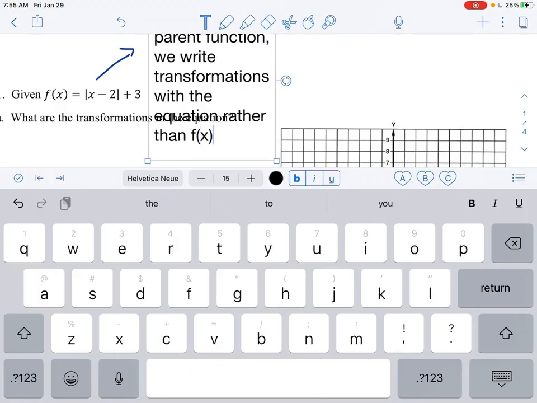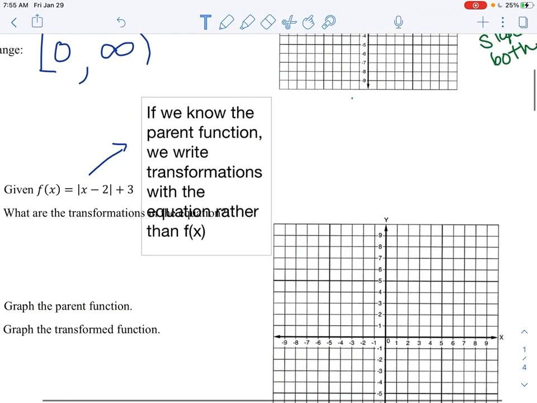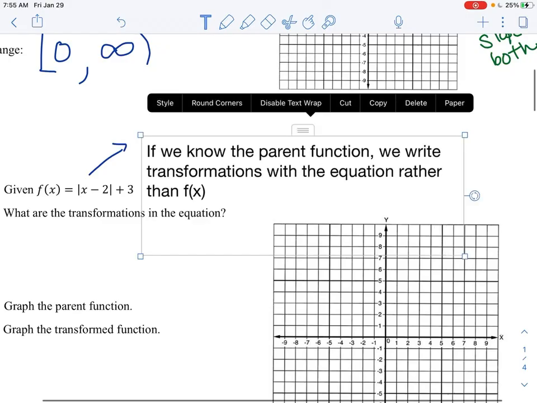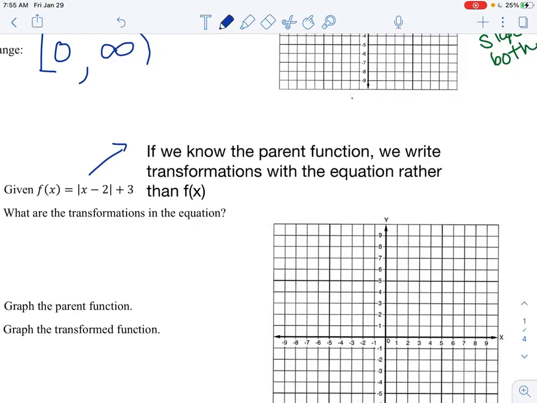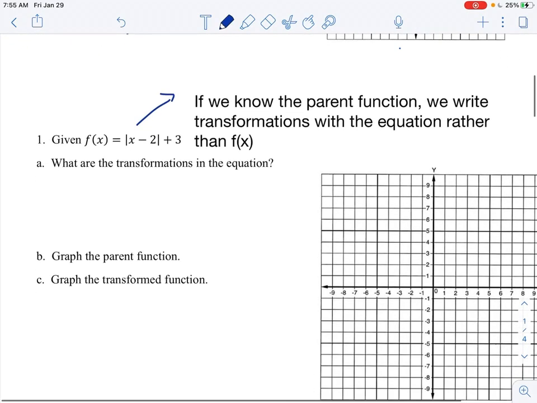I'm going to make that look a bit nicer. There we go. So if we know the parent function, which we do, it's telling us the parent function by having those absolute values, we write the transformations in the equation.